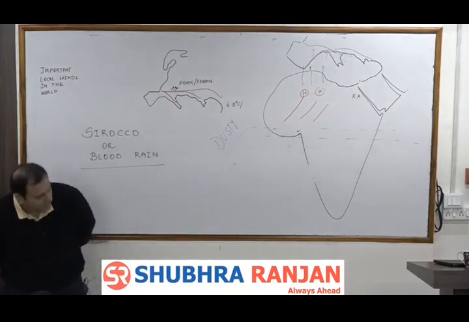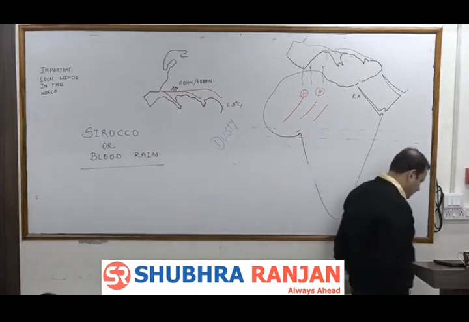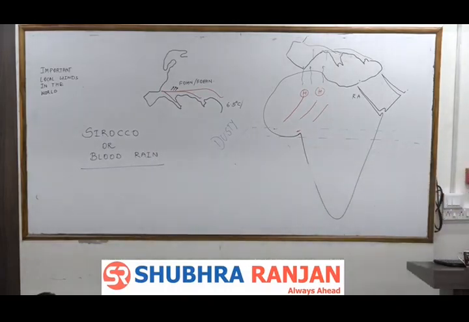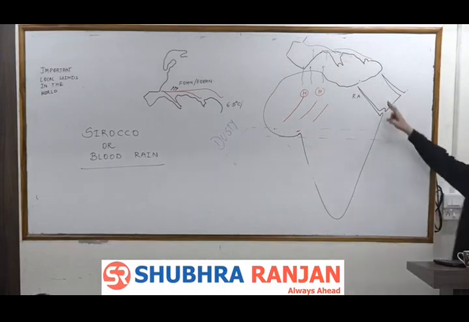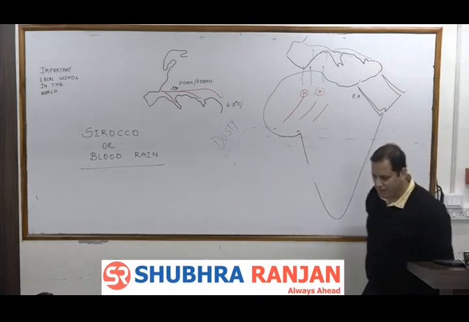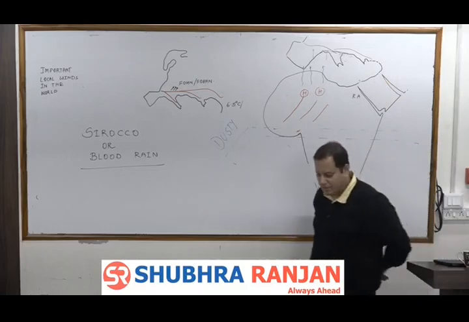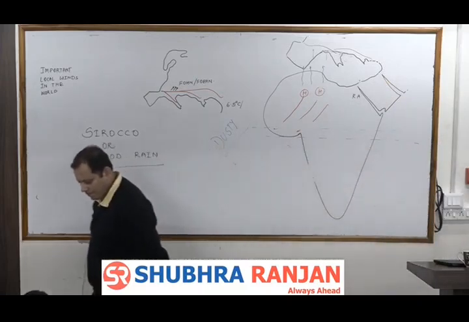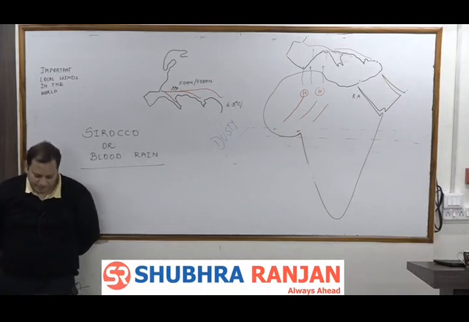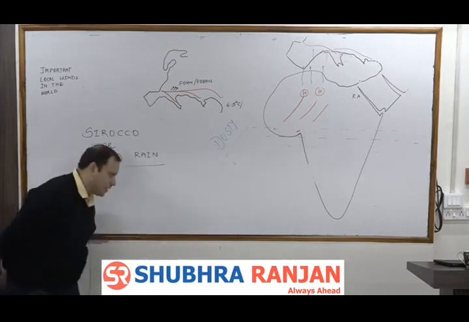Then they give rainfall in southern Europe and West Asia. Turkey, Lebanon, Israel and all are here. This rainfall is red in color and hence the name blood rain.